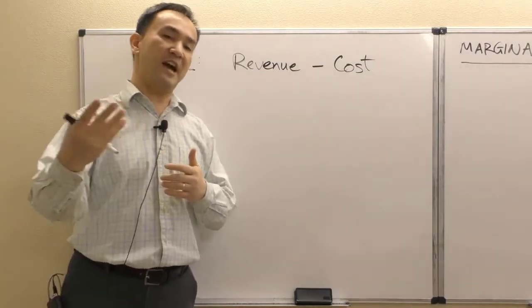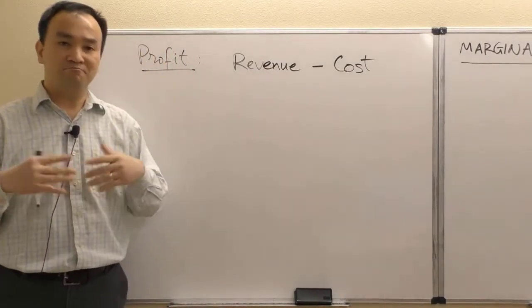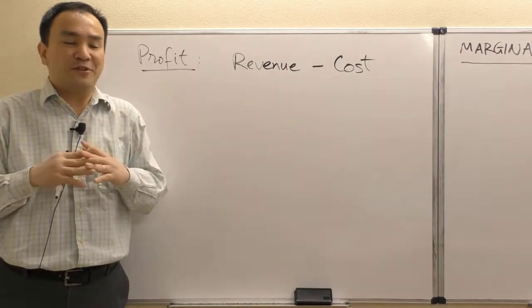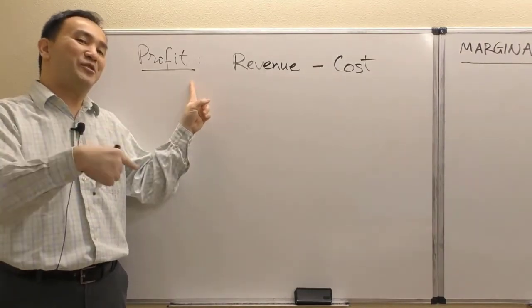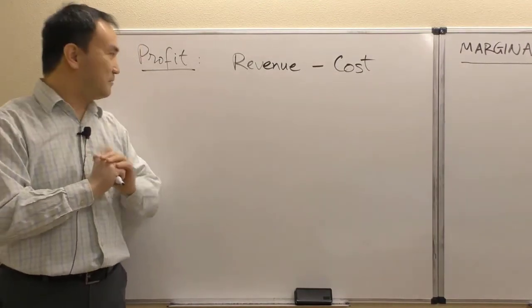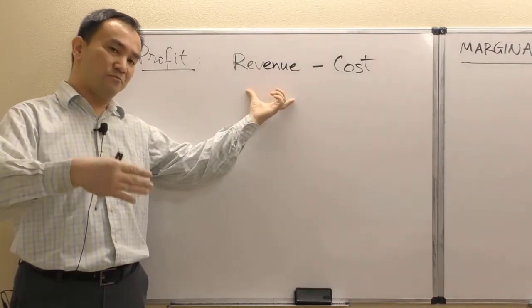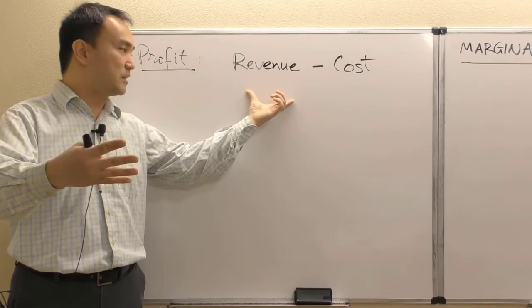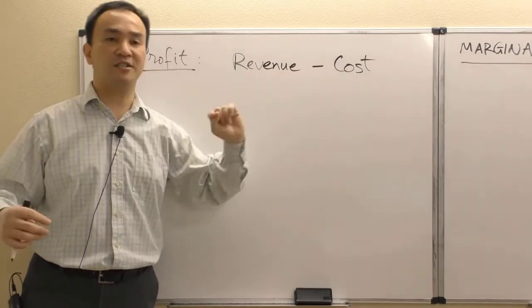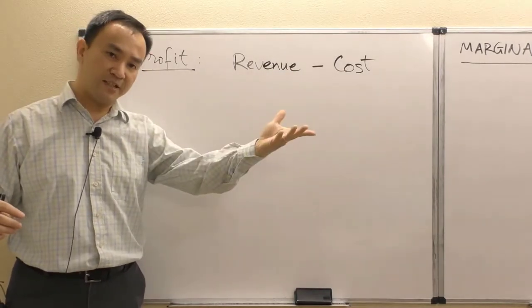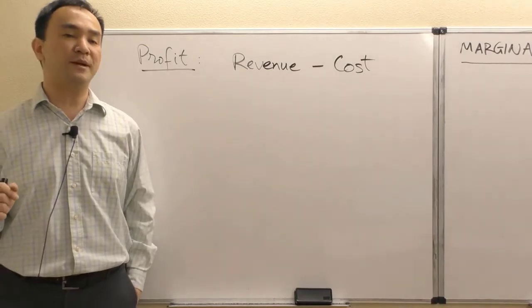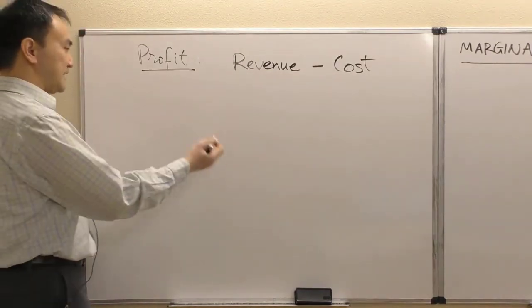Final profit is how much you earn for yourself, going into your own pockets. So profit really is the revenue, how much you earn by simply selling the products away, minus the costs, the expenses that you spent for making your products.